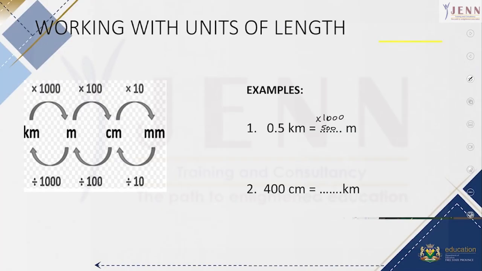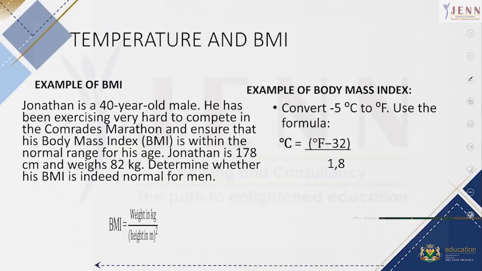So we are going to divide 400 by 100,000, and the answer is 0,004 kilometers.